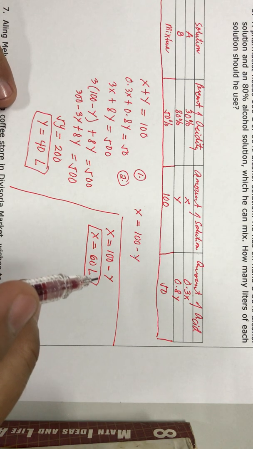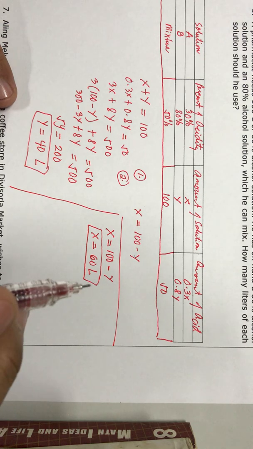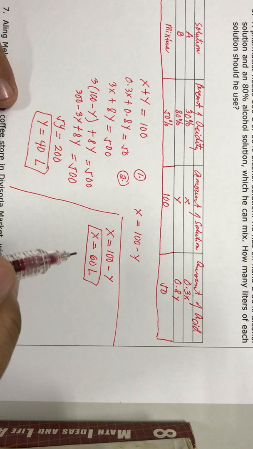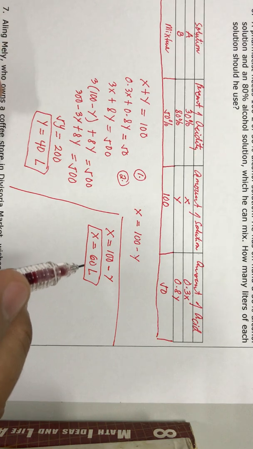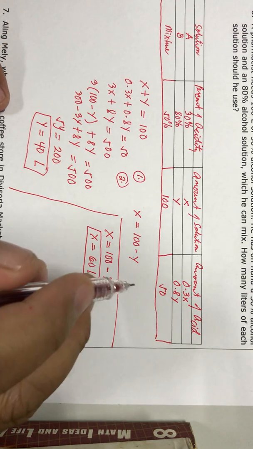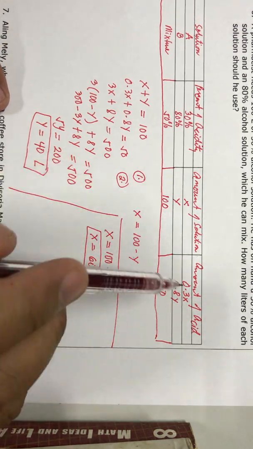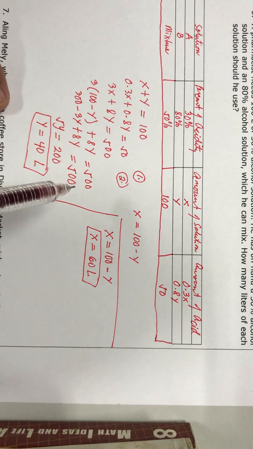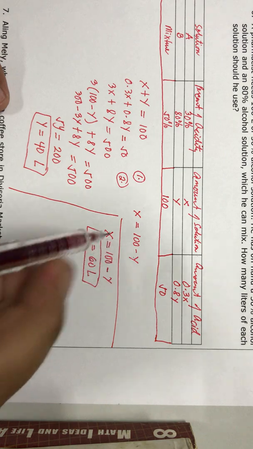to come up with 100 liters of 50% alcohol solution. Okay. If you are to ask me how I do that in the lab, I don't know. But if you would ask me how to solve this problem, that I can answer.